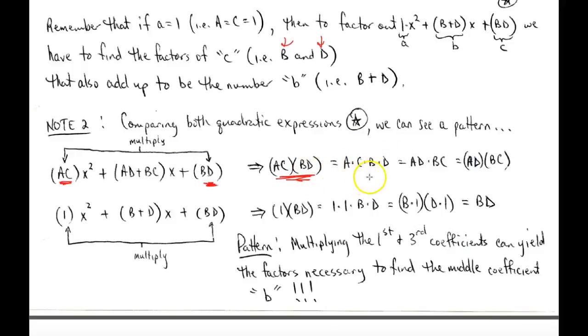And of course, since multiplication is commutative, I could switch around these factors in such a way to where now I have AD times BC. Okay. So in other words, I move the D over here to the C where the C is, and I move the C where the D is, right there. So if I do that, I end up having this.